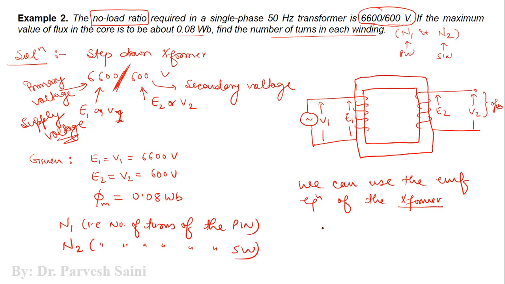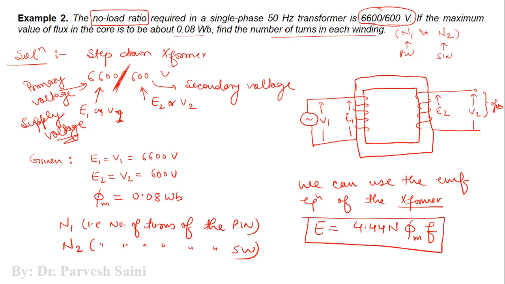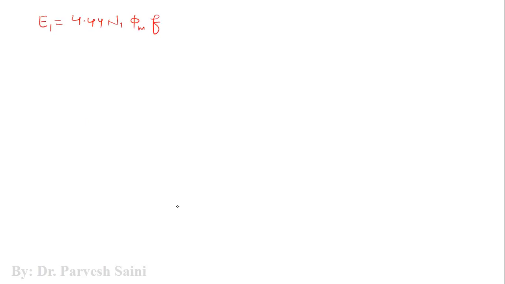The transformer EMF equation is given by E = 4.44 N phi M F. So let us take the primary. E1 is equal to 4.44 N1 phi M into F. The value of F is also given, which is 50 hertz.